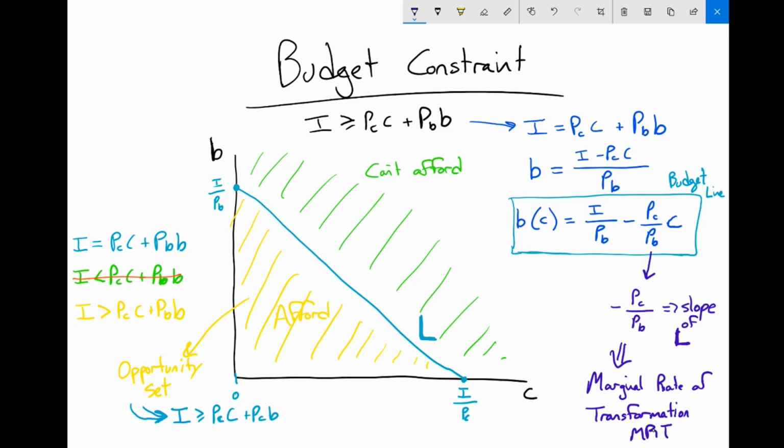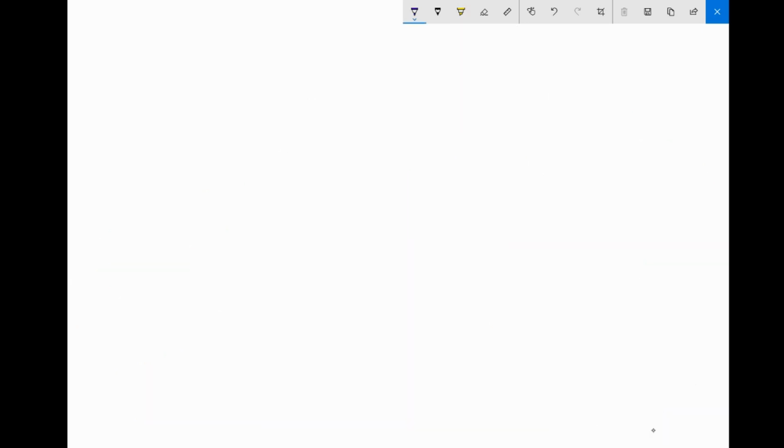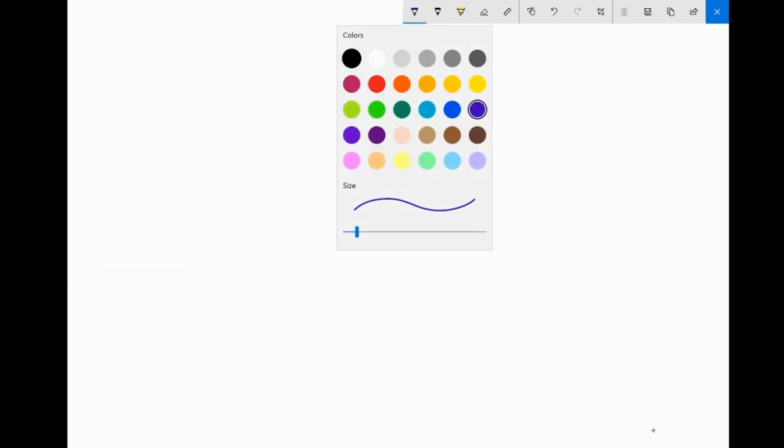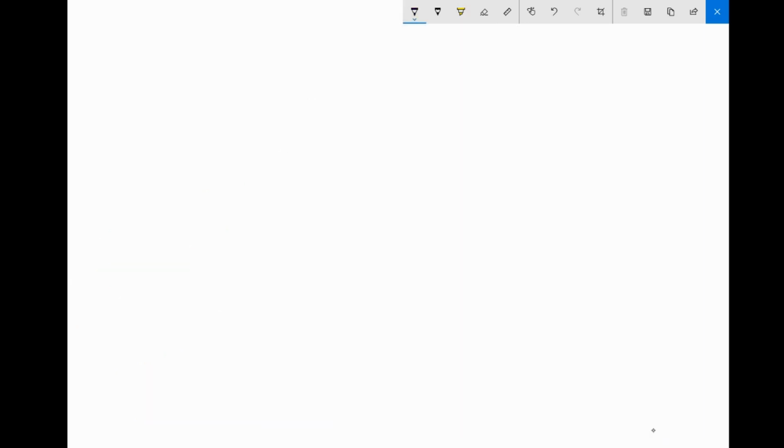All right, so now with that background, let's combine them and let's graphically discuss what utility maximization will look like. I'm going to delete this. Okay, so now let's get an idea of what utility maximization looks like graphically. All right.